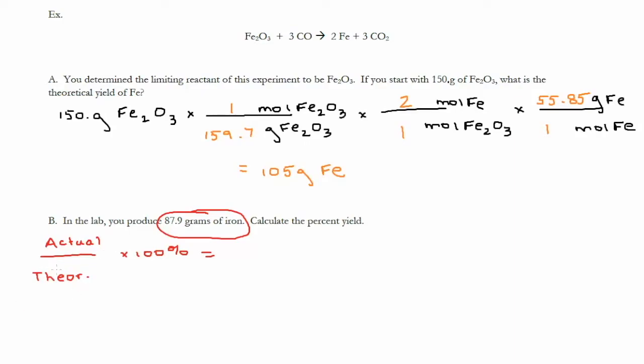Yes, reactions aren't completely efficient, so you're not going to end up with an actual that is equal to theoretical, but actual should not be above your theoretical. So you're going to take 87.9 grams, divide that by what you theoretically should have gotten, which is 105, and then multiply that by 100%. And so what I end up getting for my percent yield in this problem, since I want 3 sig figs, is 83.7%.